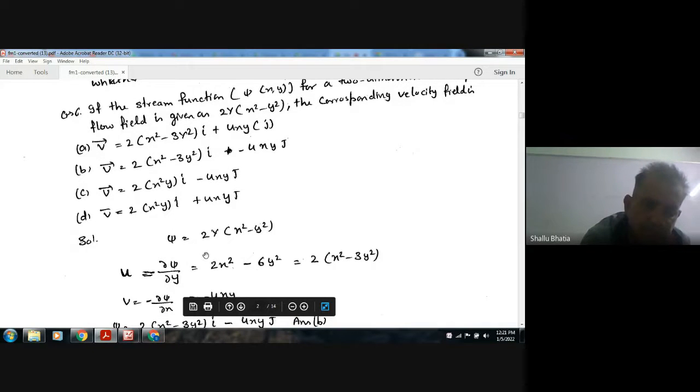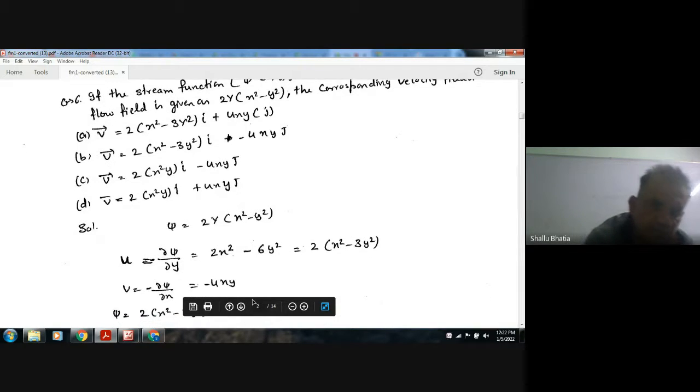If you differentiate it, it will be 2x square minus 6y square, taking 2 common, x square minus 3y square.